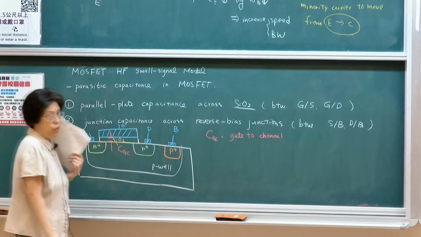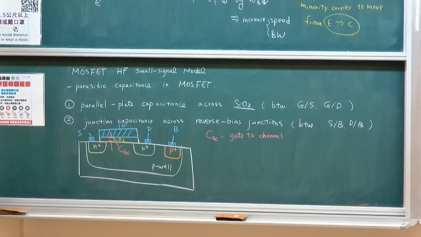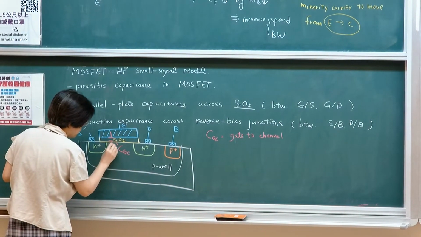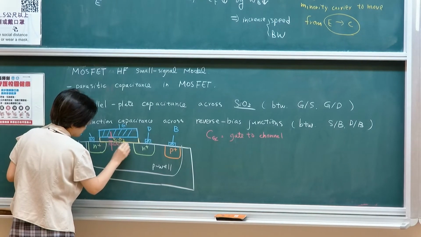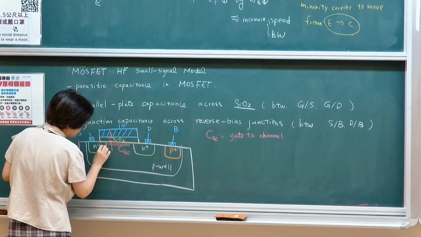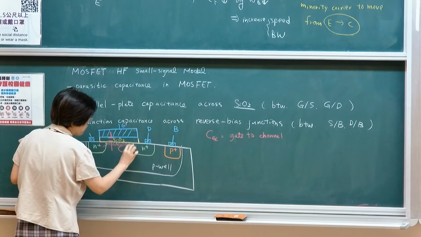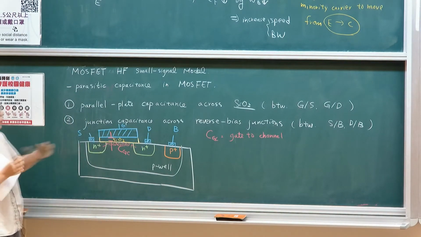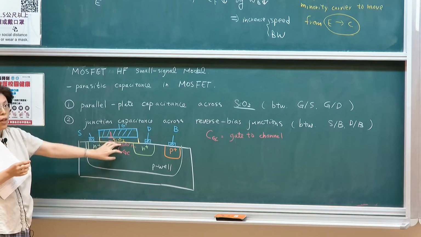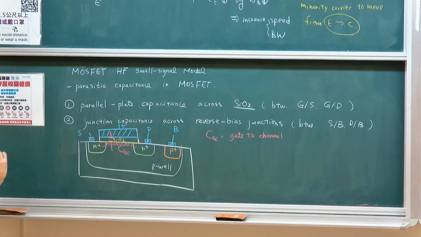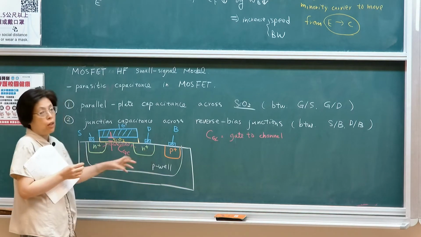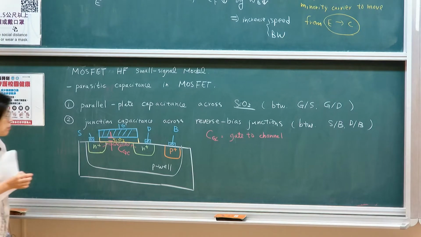But which terminal is connected to the channel depends on whether it's source or drain, since there's a channel inversion carrier supported by either source or drain depending on its operating condition. So we call it CGC, between gate and channel, but where the carriers for the channel are supplied is determined by whether it's a continuous channel or a discontinuous channel.